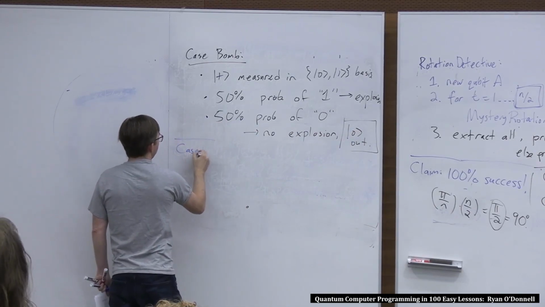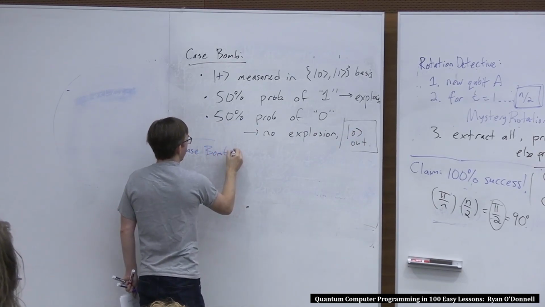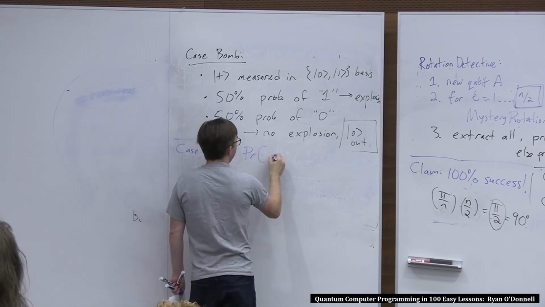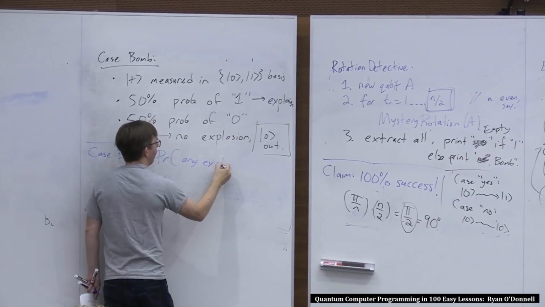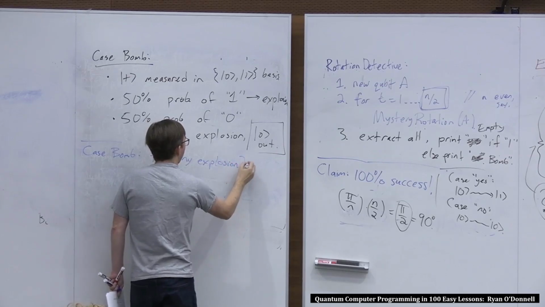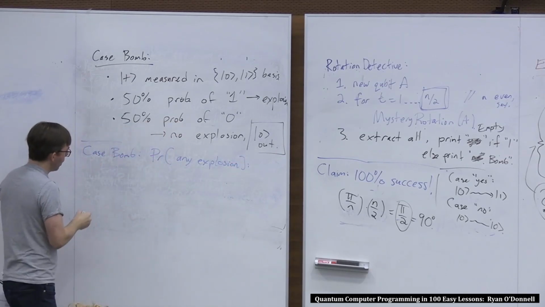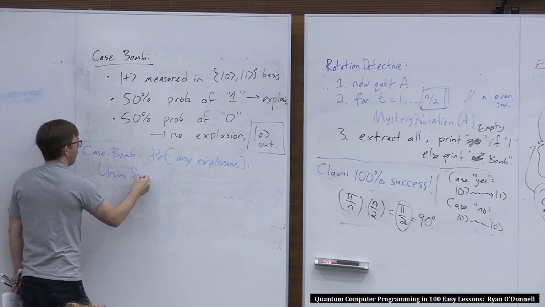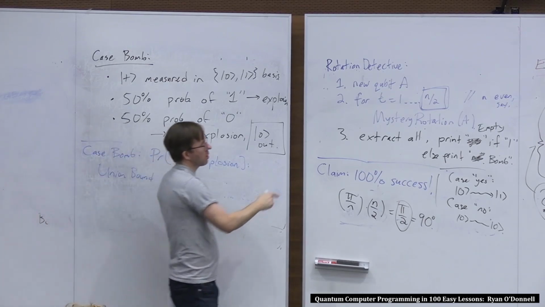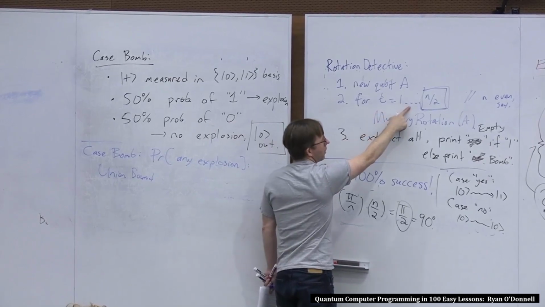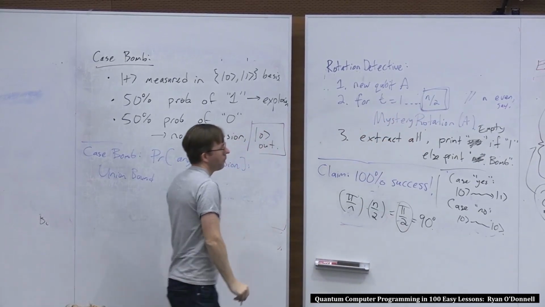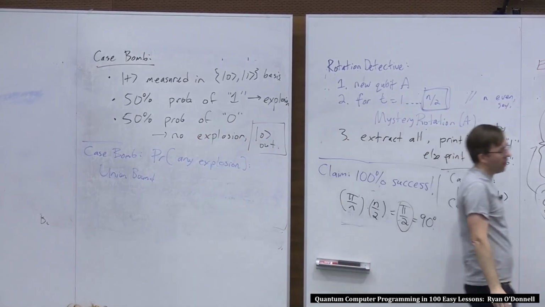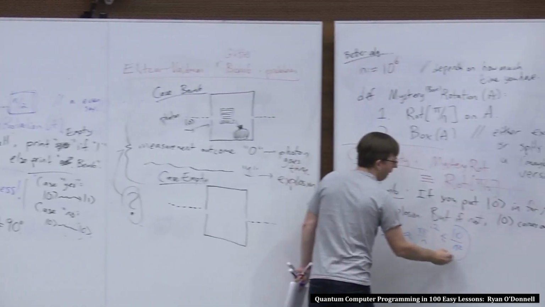In case bomb, what is the probability of any explosion? Well, we kind of did this last time. You can use the union bound again. The chance that you explode is the chance that you explode on time 1, time 2, time 3, time 4, etc. But every time, the chance you explode is at most 10 over n squared.